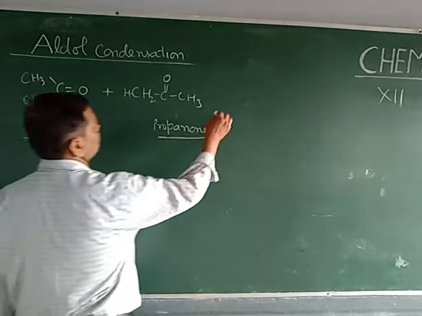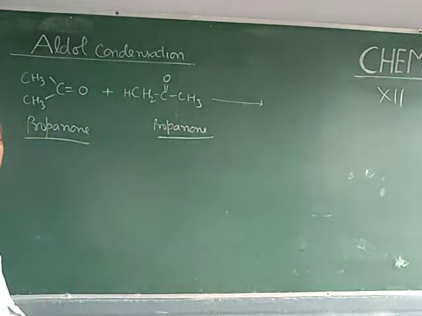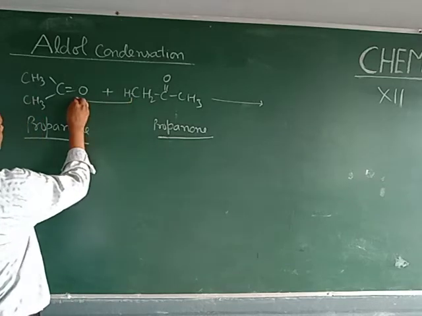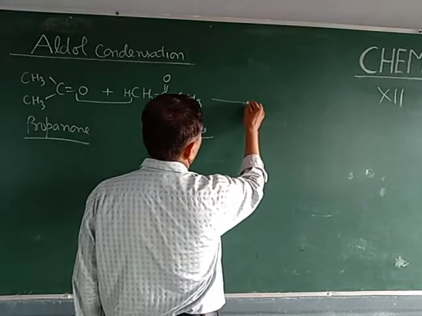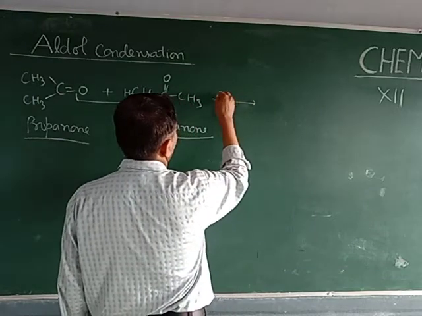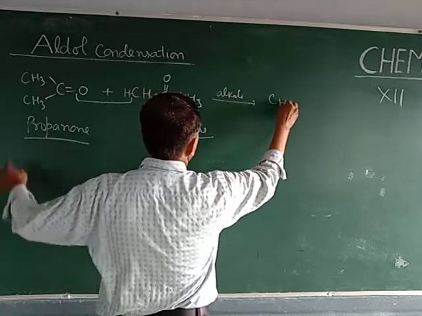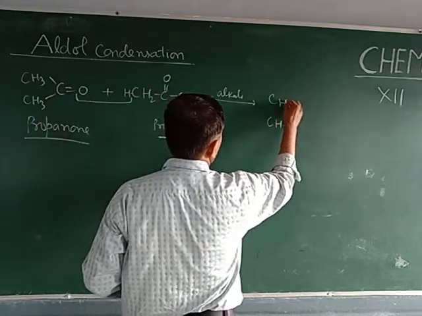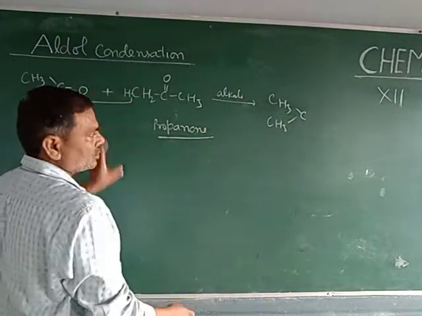In the presence of dilute base, it may be barium hydroxide or calcium hydroxide, this alpha hydrogen combines with this oxygen to form CH3C(OH)CH3.